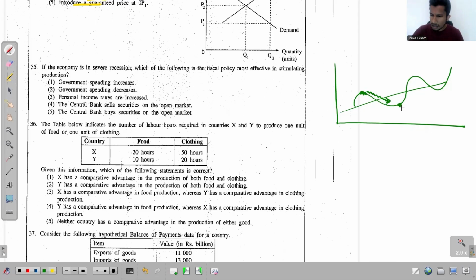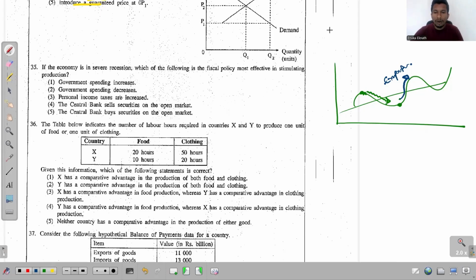They are in a recession. And what do they need to do? They need to overcome this recession, which means they just need to move to the other side of the business cycle. And this we recognize as an expansion, right? So they just need to expand the economy. To overcome the recession, they need to expand the economy. So how do they expand the economy?